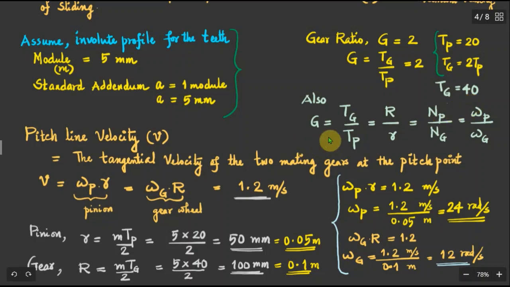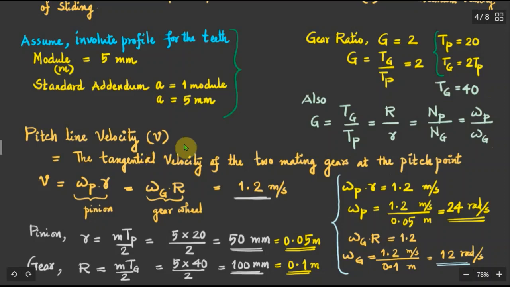And also we have the ratio G equal to Tg by Tp, which is also equal to capital R by small r, the pitch circle radii of gear and pinion, equal to Np by Ng, the RPM ratio of the pinion and the gear, equal to omega p by omega g, the ratio of angular velocities of pinion and gear.